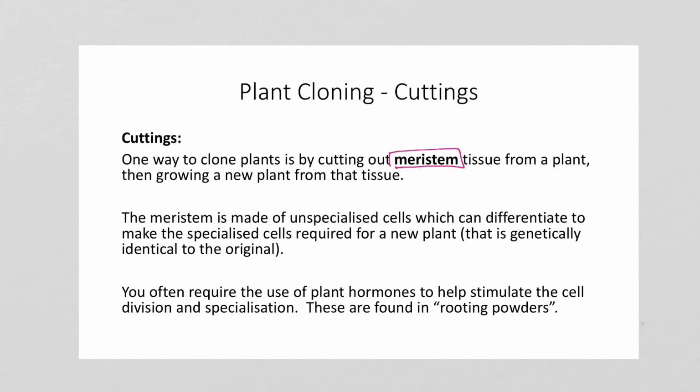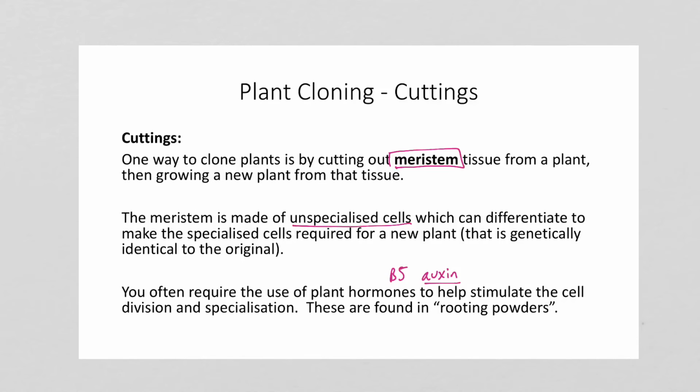So the key here is you're cutting out the meristem, which means you're most likely cutting off part of the shoot tip. The meristem is made of unspecialized cells, which can make all of the specialized cells required for a new plant, and it often requires the use of plant hormones. This comes up in separate biology in Unit B5, and you'll hear about rooting powder and especially the hormone auxin.